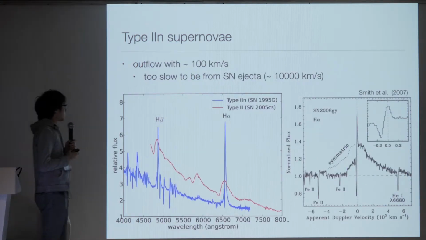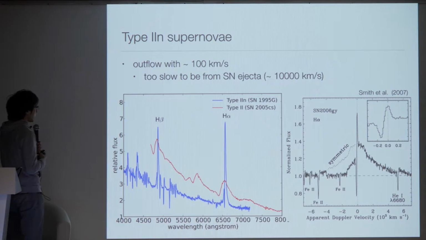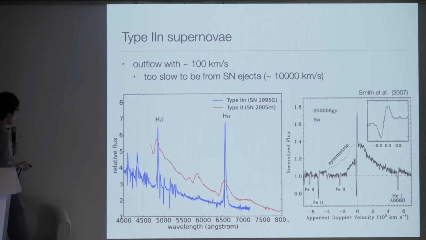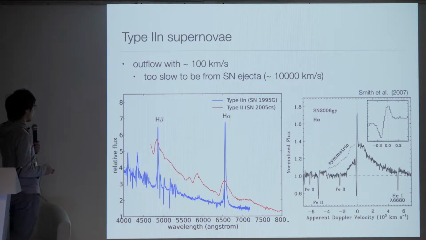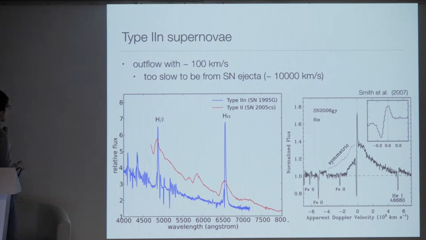But recently we start to see very weird supernovae, and this was also introduced before. This is type 2N supernovae. N comes from narrow. This blue line is one example of a type 2N supernova spectrum, and this red spectrum is a typical type 2 supernova spectrum.